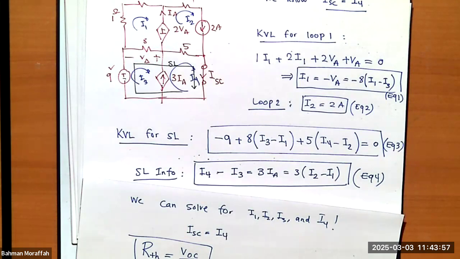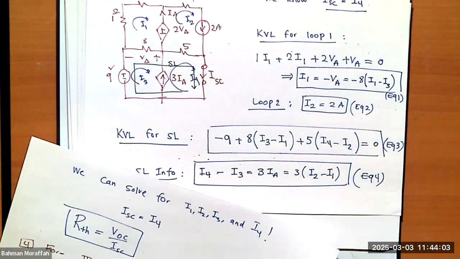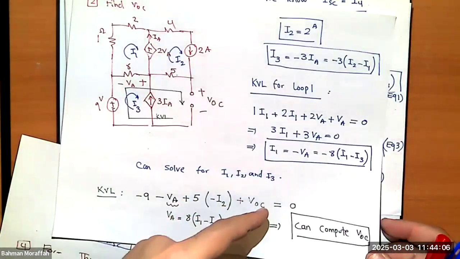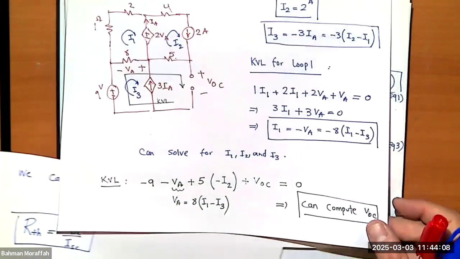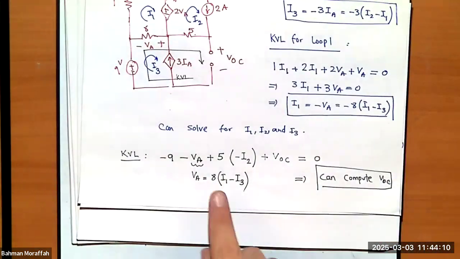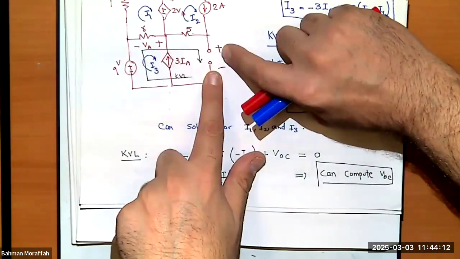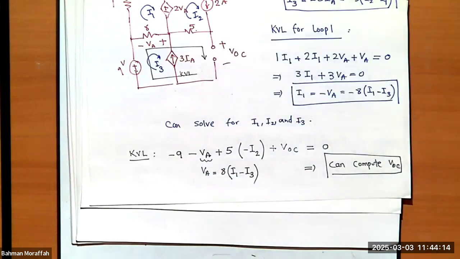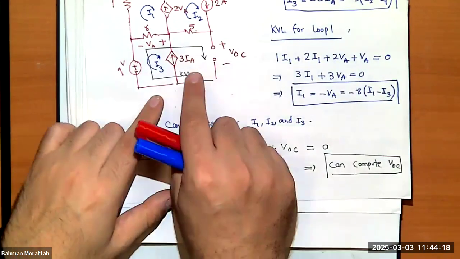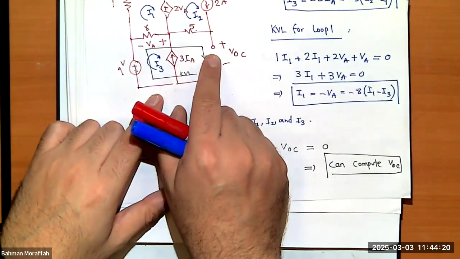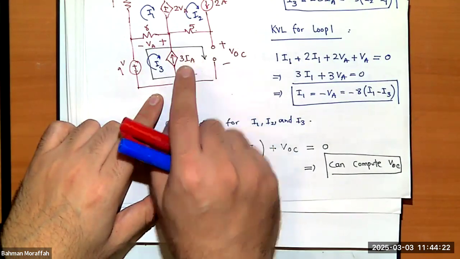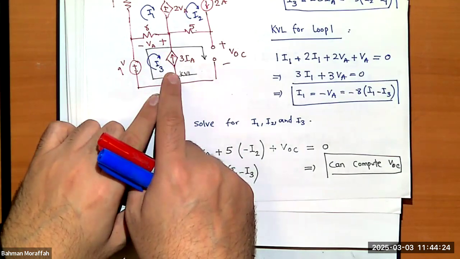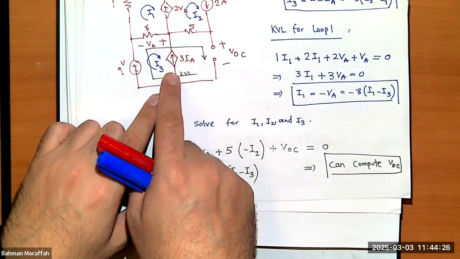How do I find the open circuit? You mean how I wrote these equations? Is that what you mean? So this is the open circuit, right? And since it's a voltage and I want to find it, I have to write a KVL, right? I can write a KVL in this little loop over here. But if I wrote a KVL in this little loop over here, I don't know voltage across this. So that's not a good idea.